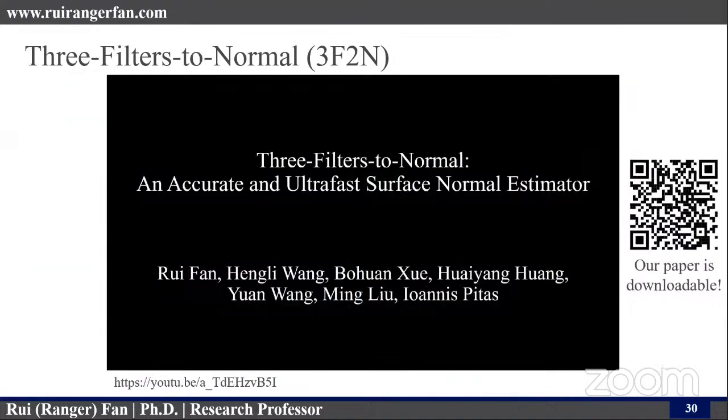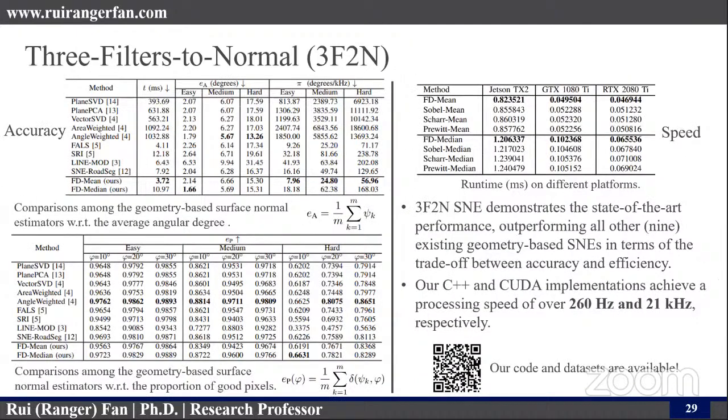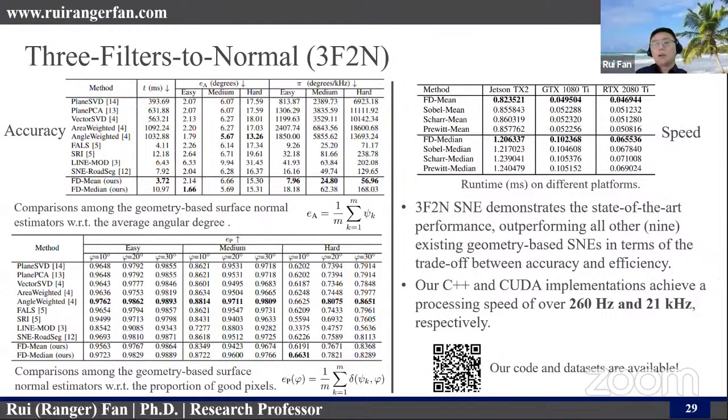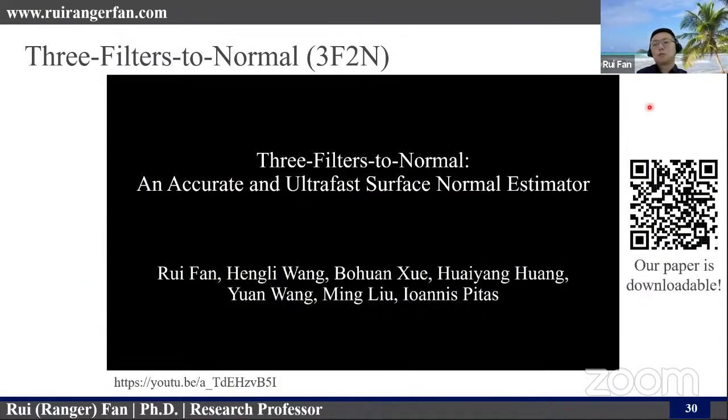You also have lots of other networks, so you always sum them up, but for real time, it's a very good achievement. What's the resolution, just to make sure? I think it's 640 by 480. I think it's faster than real time. This is why we put the title as ultra fast surface normal estimator.